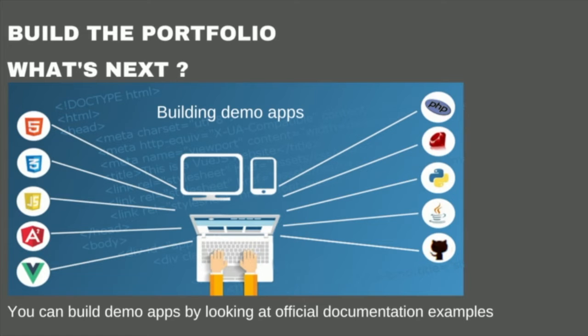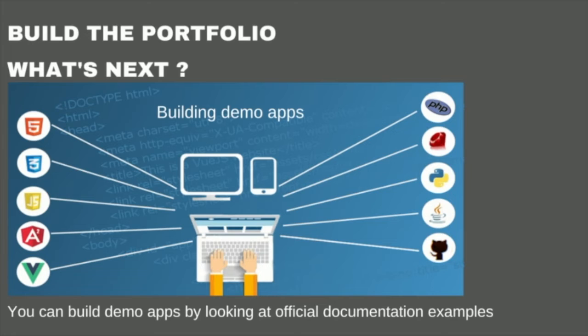After building a portfolio, most beginners are confused on what to build next or what to learn next. The things that you must focus on learning is a different matter. But when you are learning a new language or technology, there is a high chance that there might be a demo or sample application built using that particular technology or framework.